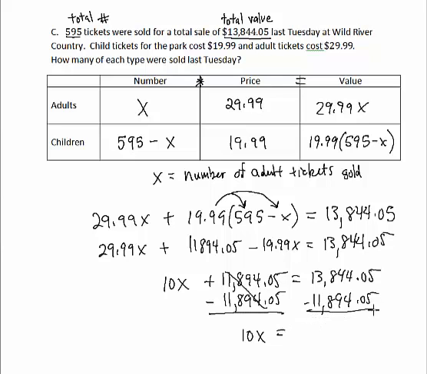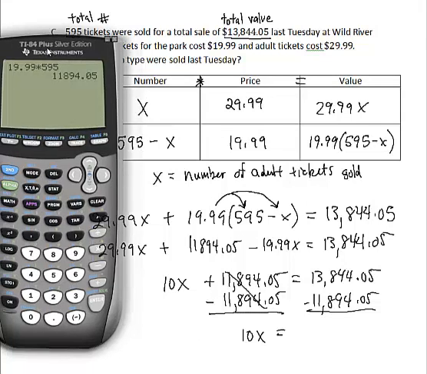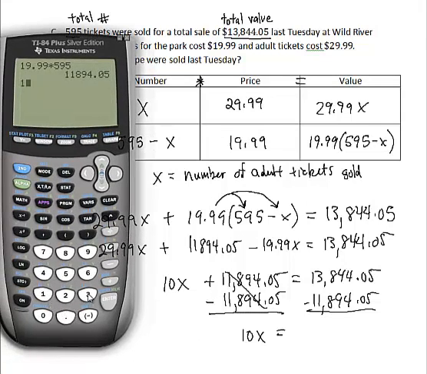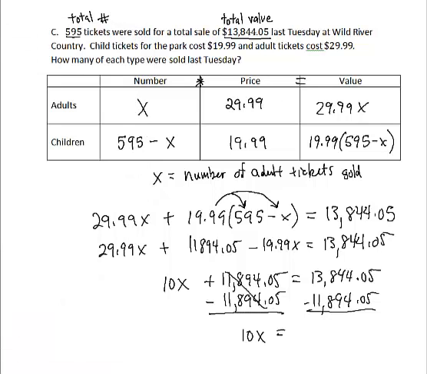And what do we have over here on the right? Let me just go ahead and use my calculator. 13,844 and 5 cents minus 11,894 and 5 cents is 1,950.